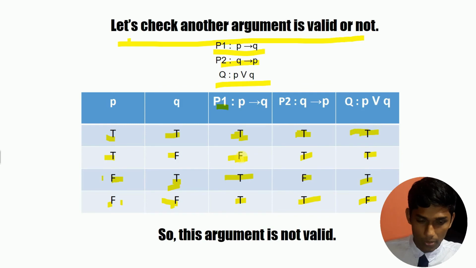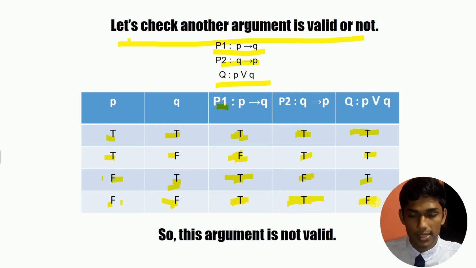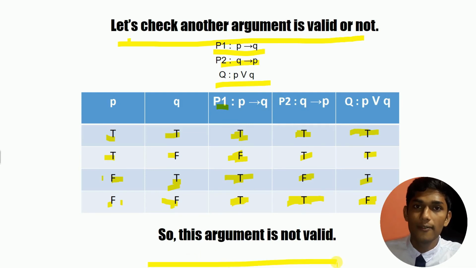We don't need to consider the second row because a premise is not true. Here also a premise is not true. But in the last row, the first premise is true and the second premise is also true, but the conclusion is not true, which is against the rule of a valid argument. So we can say that this argument is not valid.